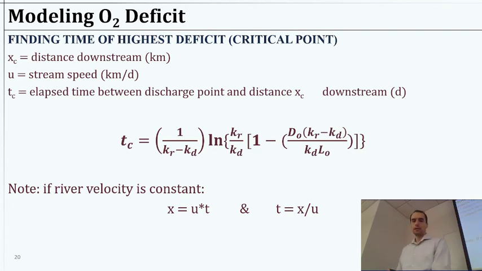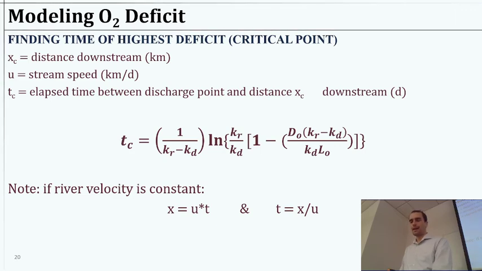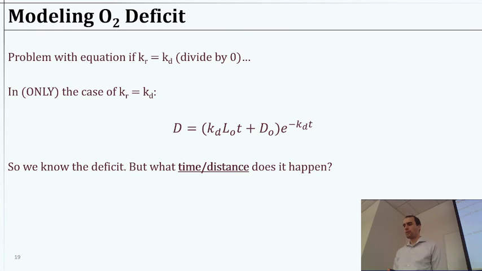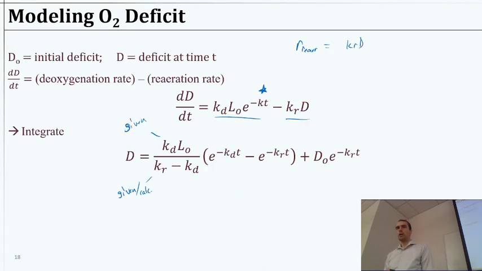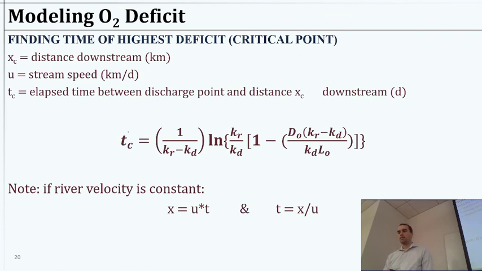Again, this is just simply a solution for that critical time, and I'm actually not quite sure exactly how it's derived. I think it's coming from this equation where d is at a max. So if we found the maximum value of d and then solve for the time, I think that's what gets us here. Okay, I will give you this equation as well on the formula sheet.